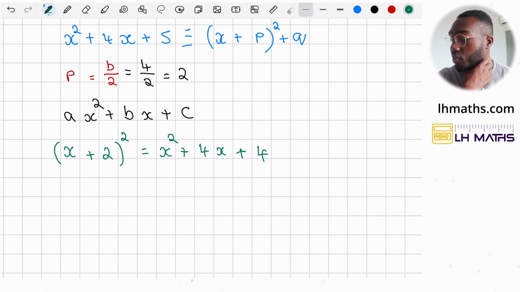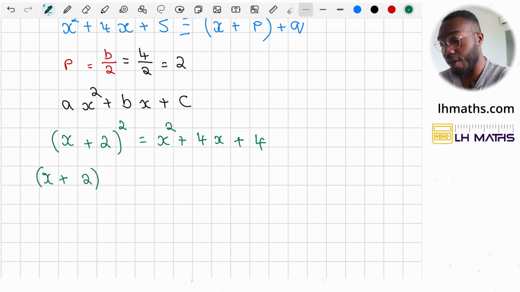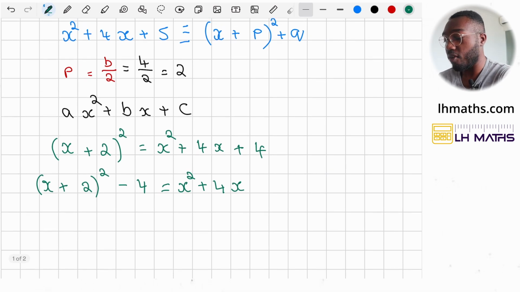So if we just want the x squared plus the 4x, we can essentially bring that positive 4 to the other side. So it would be x plus 2 squared minus 4 is equal to x squared plus 4x.